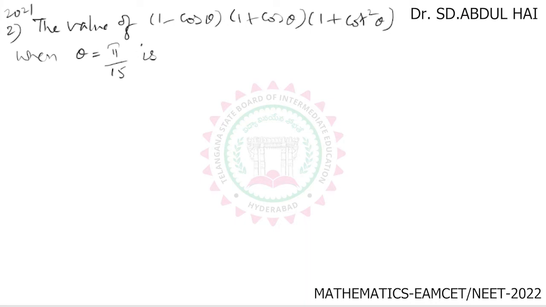The first option is 1, second option is 1 by 2, third option is minus 1 by root 3, and the fourth option is 2. Okay, so it is a very simple question, right? Now write down the solution.